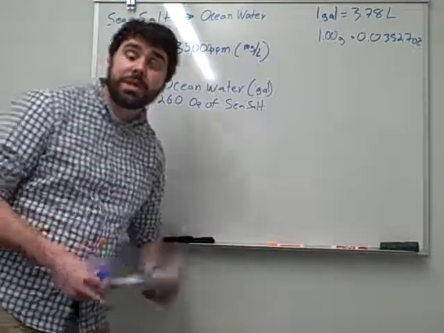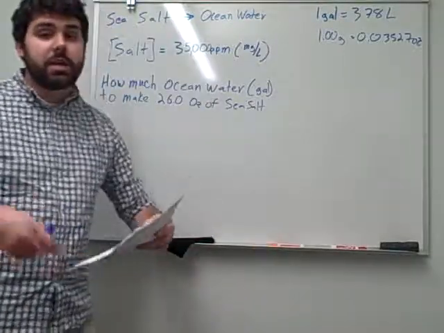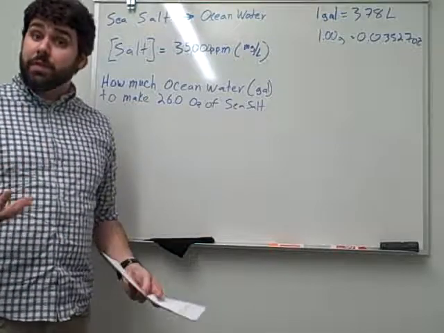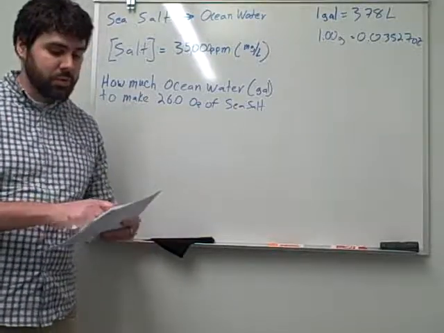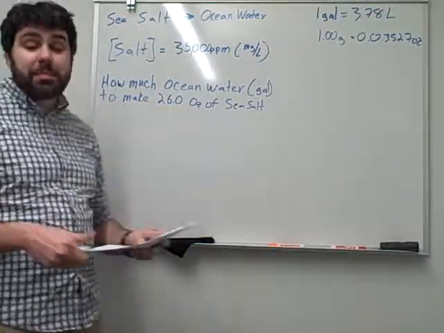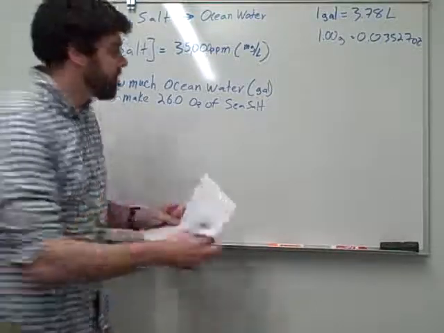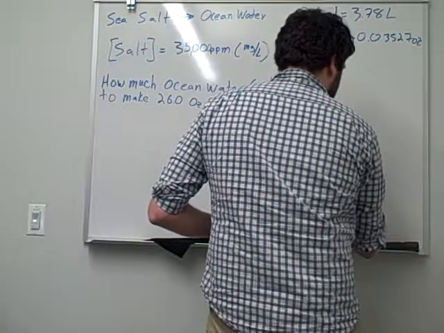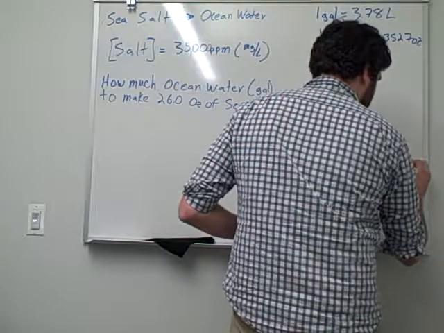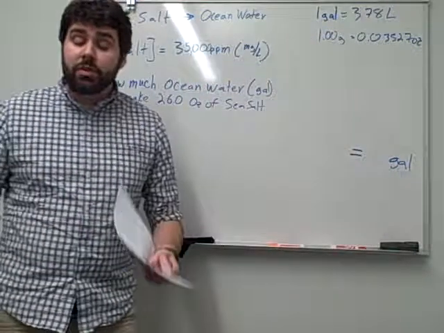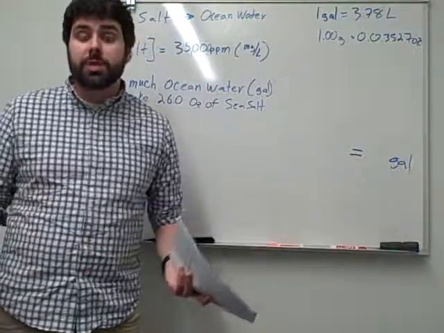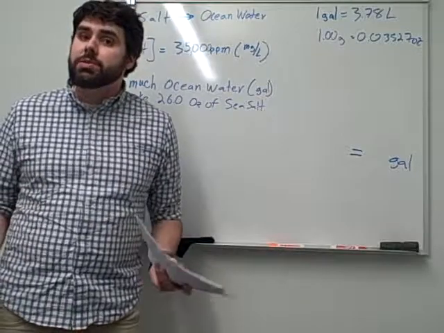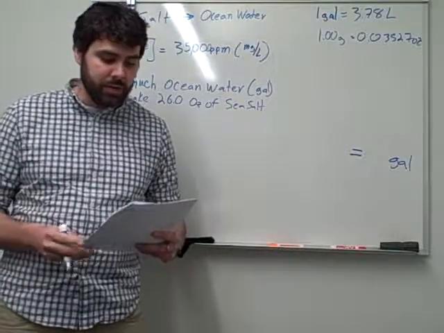So one of the best ways to set this up is to set up what your answer is going to be, specifically the units, so that you know what to work towards. And in this case, what we're looking for is how many gallons of ocean water are we going to use. So I set that up on the right side of the board. So whatever our calculation winds up being, our units are going to have to cancel such that we have gallons in the numerator.